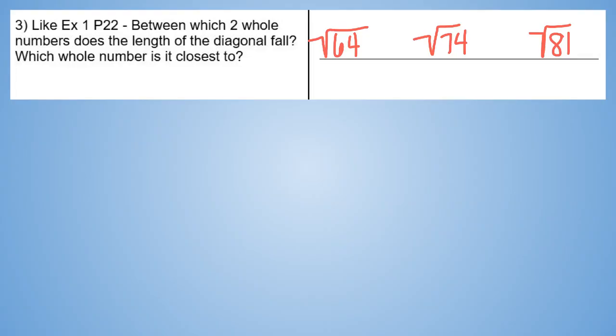You're going to ask yourself, what times itself is 64? What times itself is 81? And then you're going to decide which whole number is it closest to. These are 10 away.